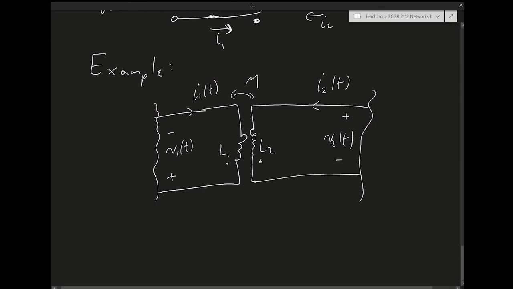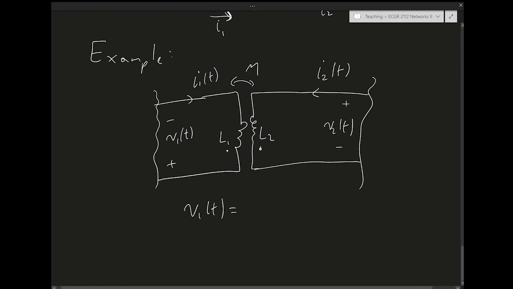So let's do it. V1 of t. Well, I1 is going out clearly, right? It's going out of where the positive sign is for V1. So using the convention for the self-inductance, I have a minus sign, L1 di1 by dt, and then I have the mutual term, M di2 by dt.